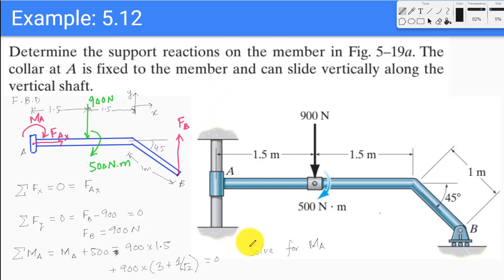Once we solve for MA, we get MA is equal to 1486 Newton meter.